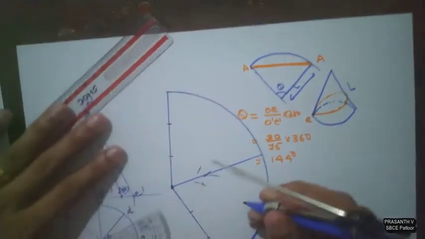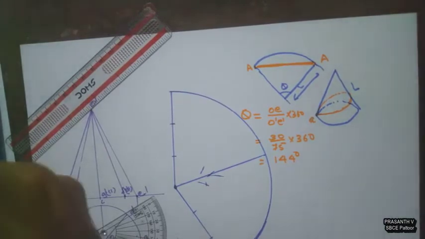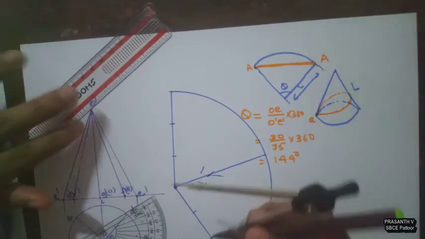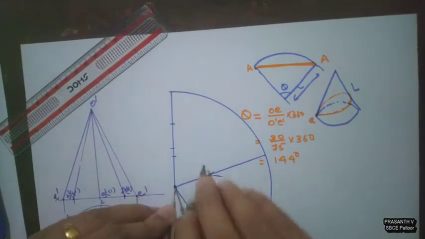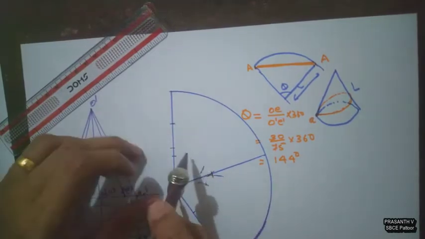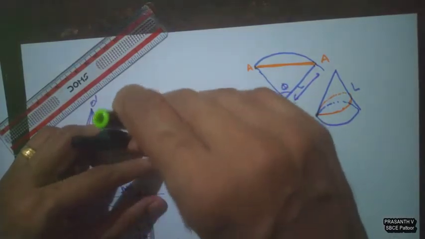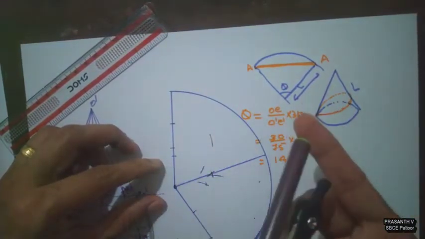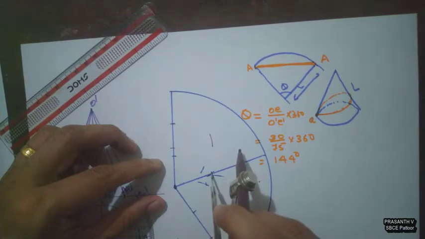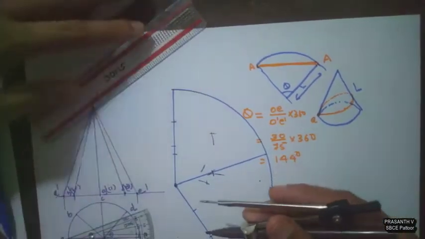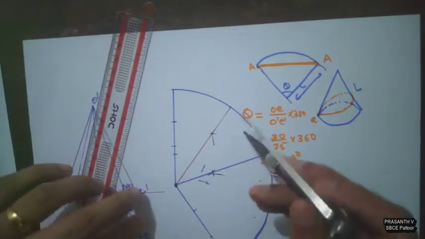So divided exactly into half. Now take any radius to divide this, no problem. The same radius you have to use on both sides. Again.